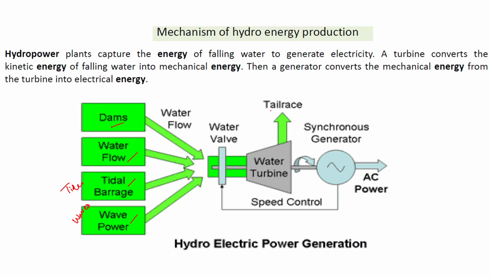When this flowing water falls on the wings of the turbine, they rotate a shaft which is connected to the generator.